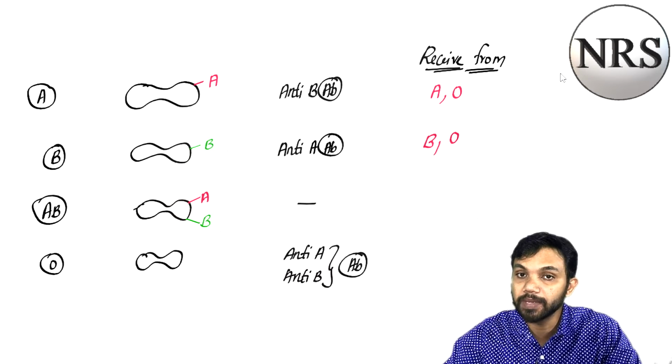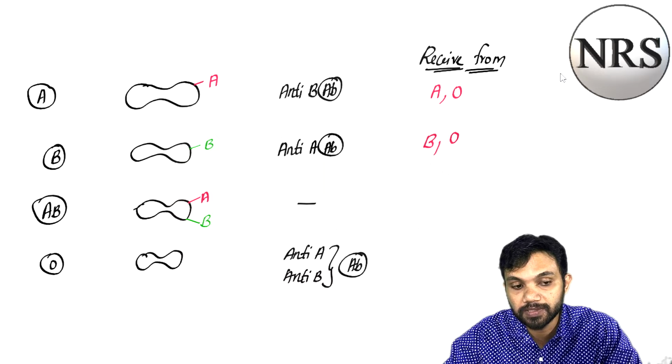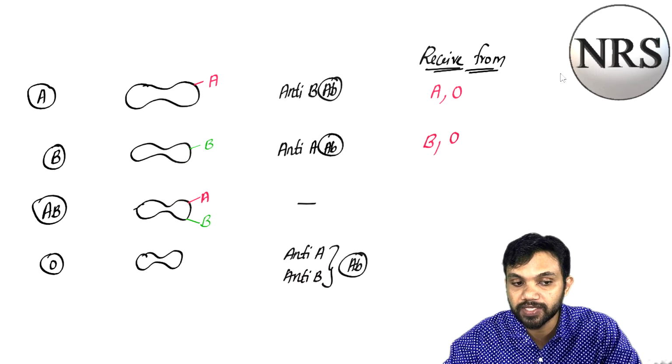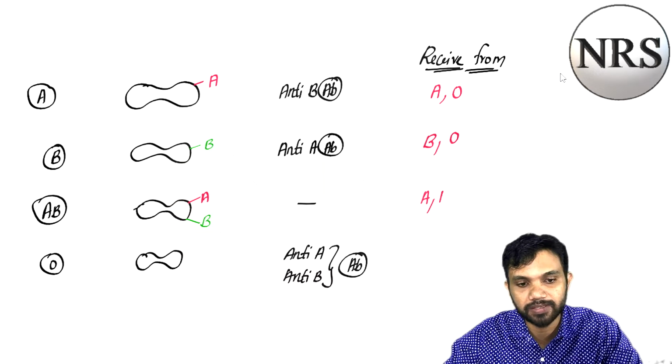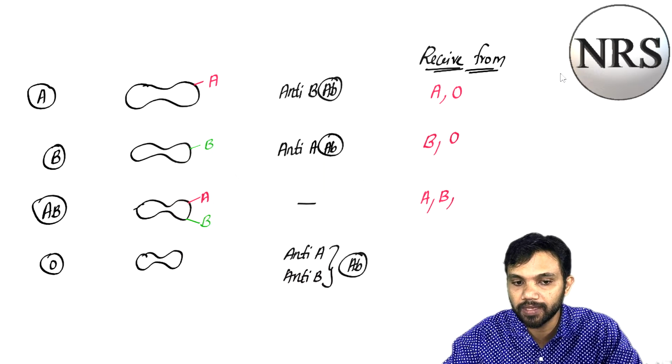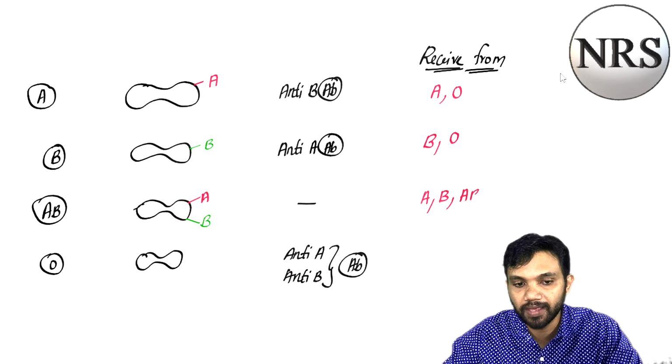What about the AB blood group? From whom can this person receive? Can he receive from A? He has A antigen, so definitely he can. Can he receive from B? Yes, he has B, so he can. Can he receive from AB? Yes, he has AB in him.